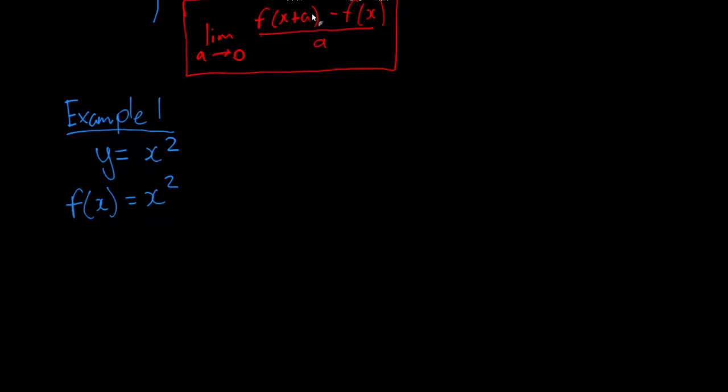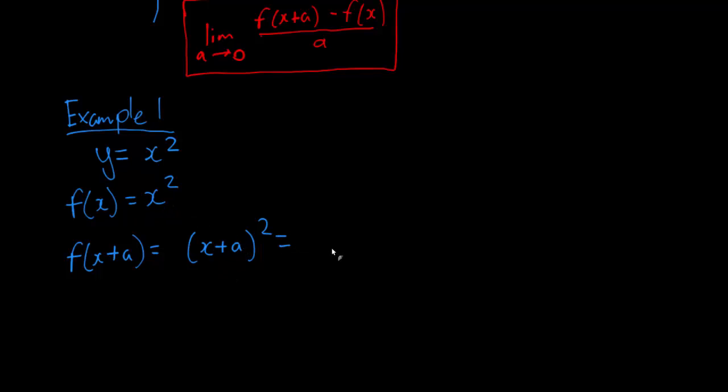We need to think, what would f of x plus a look like? Well, if f of x is x squared, then f of x plus a is x plus a, all squared. Because where we had x before, we've now got x plus a.